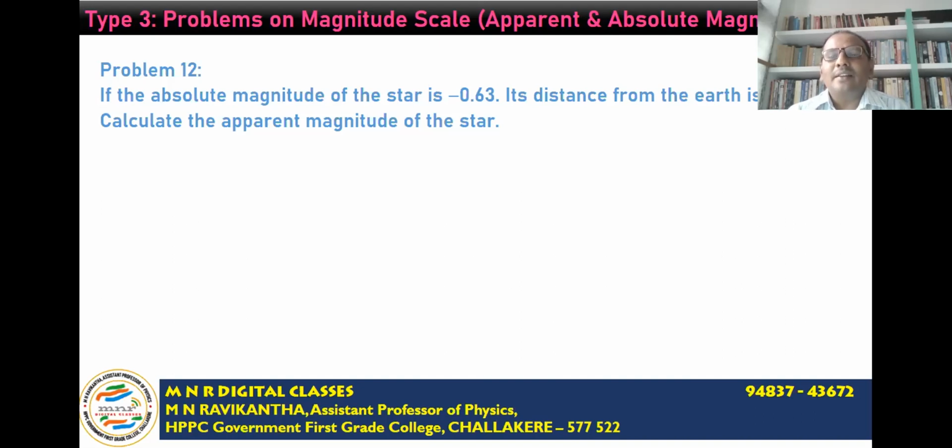The distance of the star is given in light years. We need to make the conversion into parsec because the formula requires D to be expressed in parsec. And you are asked to find the apparent magnitude.